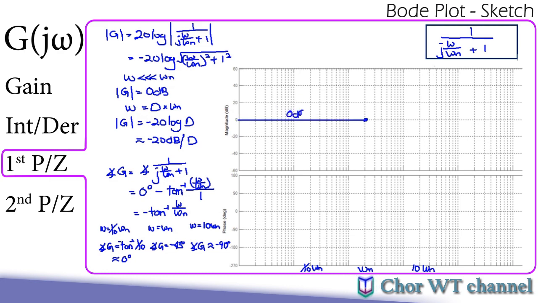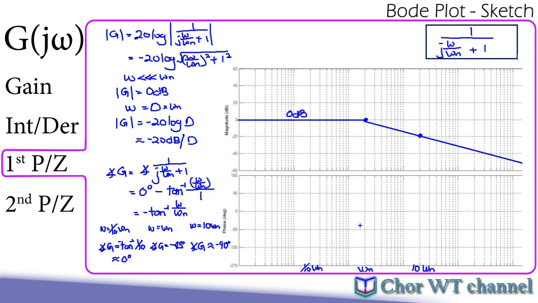And anything after omega n will be one straight line with a slope of negative 20 dB per decade. So at 10 times omega n, this will be negative 20. And we just connect the line. And that will be our sketch for the magnitude plot.